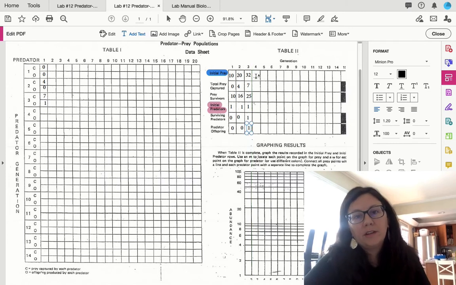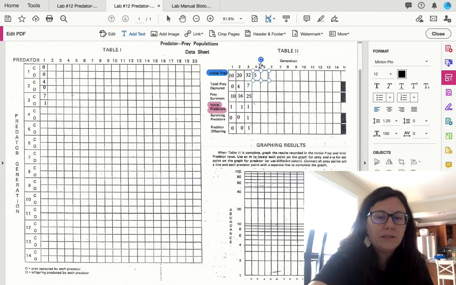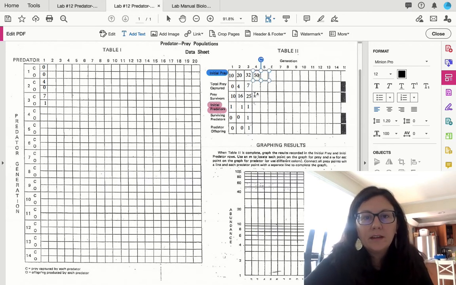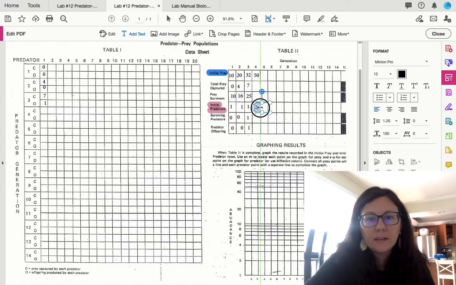So to determine the starting generation of mice for the 4th generation, you take the surviving prey and double it, which makes it 50. And the initial predators is going to be the combination of the surviving predators and their offspring. So we have 2.